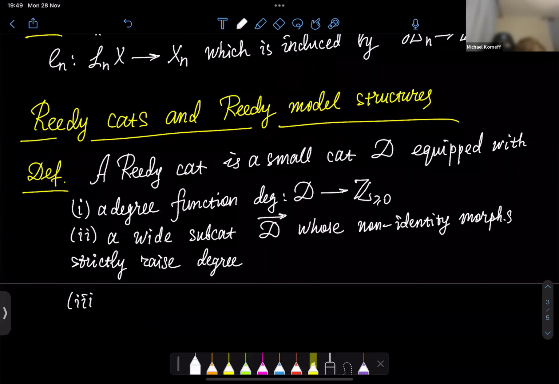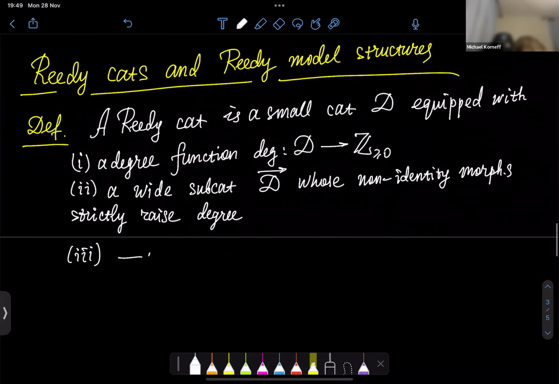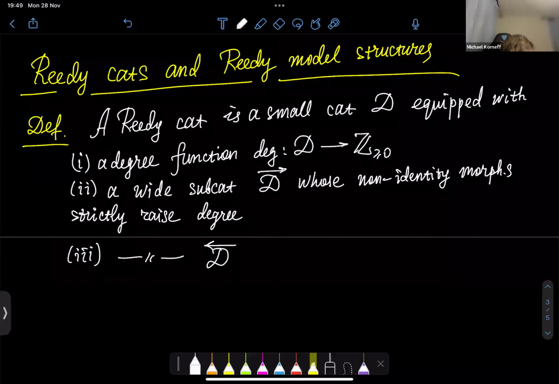And also we have a wide subcategory D with the arrow reversed, whose non-identity morphisms strictly lower degree.